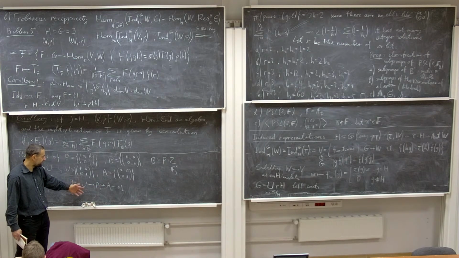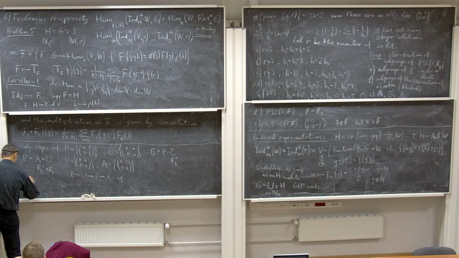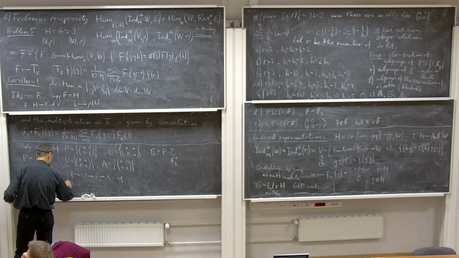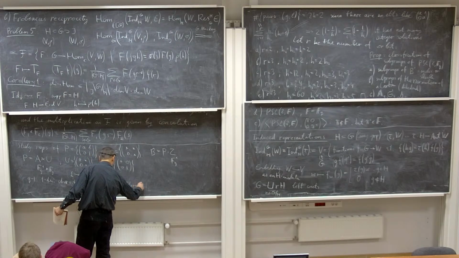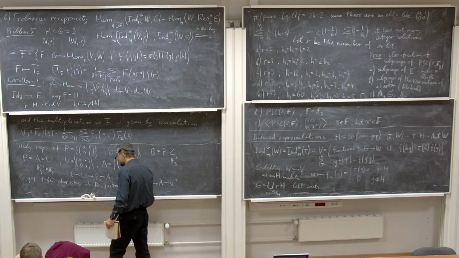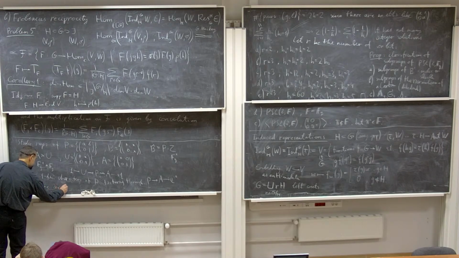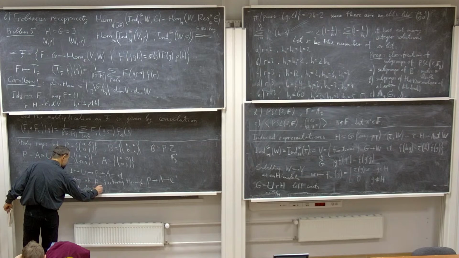But it turns out that there is just one more irreducible representation of P. So the answer will be: Q minus 1 one-dimensional representations, characters of P factoring through the projection P to A and then to C star, and one more irreducible representation of dimension equal to Q minus 1. This will be the answer.